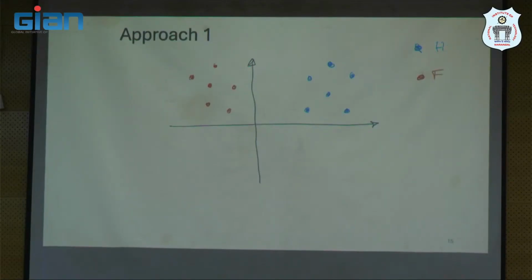So the first approach is, if I get a test data point. This is my training data set. If I get a test data point, and when I visually plot it, it appears here on the same plane, for the same features. If I ask you to take a guess to predict what this test data point would be, whether it's healthy or faulty, what would be your guess?